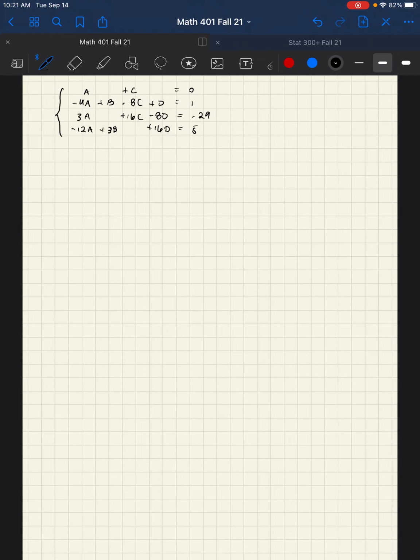Just be aware that if you're going to solve this using Gaussian elimination, it's going to be very, very long, okay?